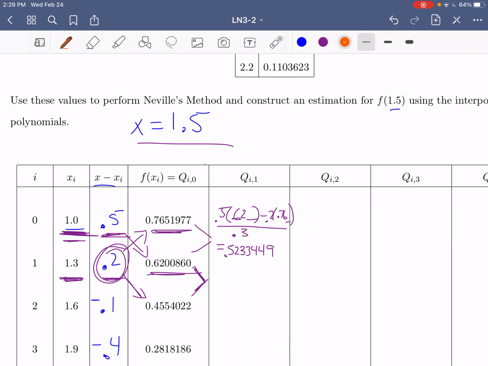And maybe I'll write this in a different color. I know I already started writing it in one color, but let me change colors here so we can differentiate this. So we're taking these two. We're taking this point, the 0.2, times the 0.45 business.